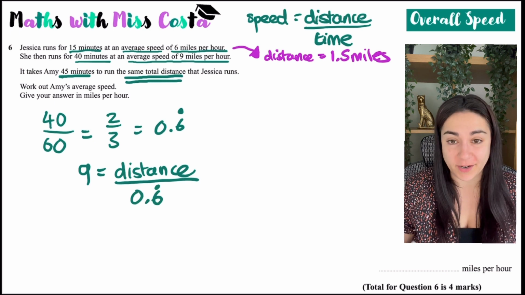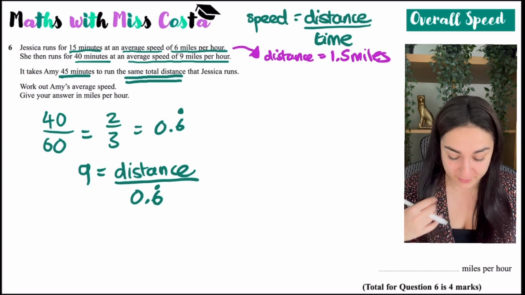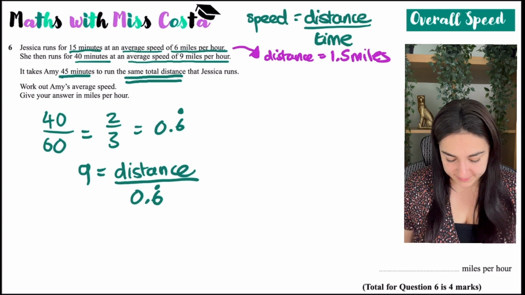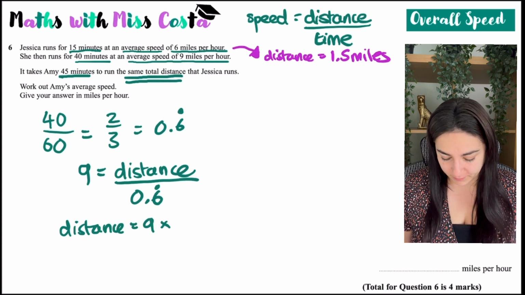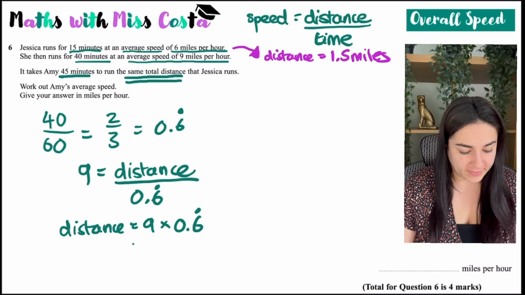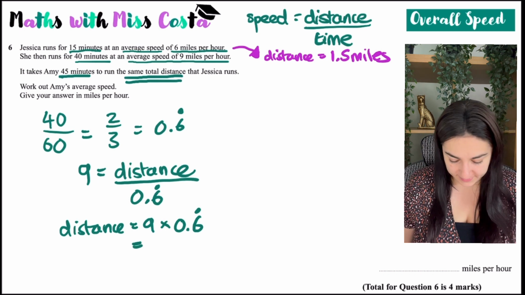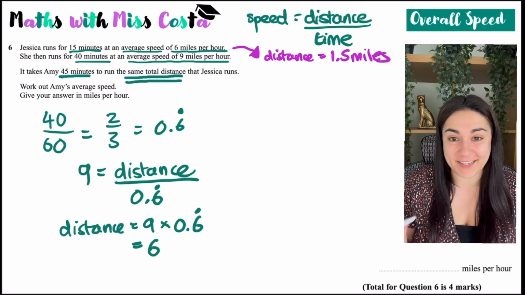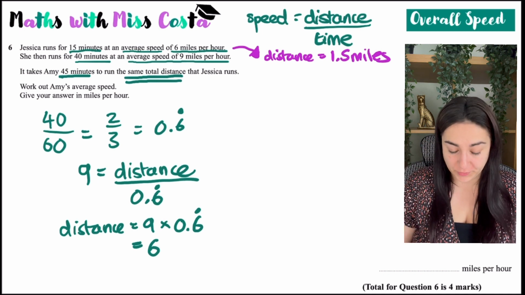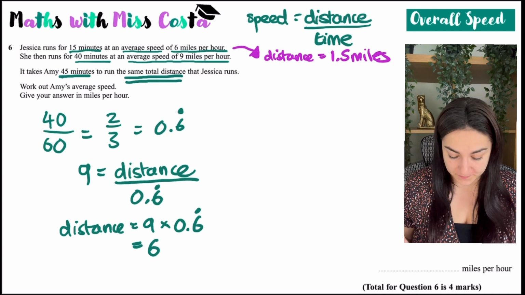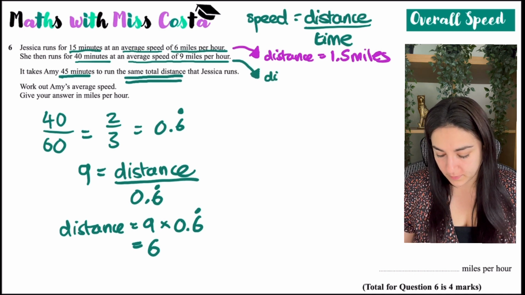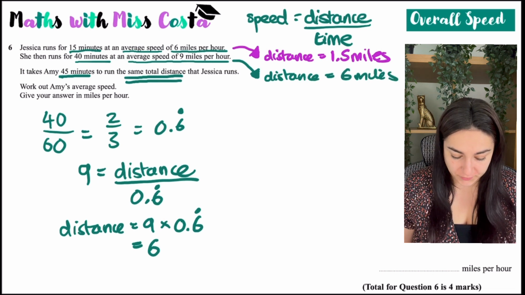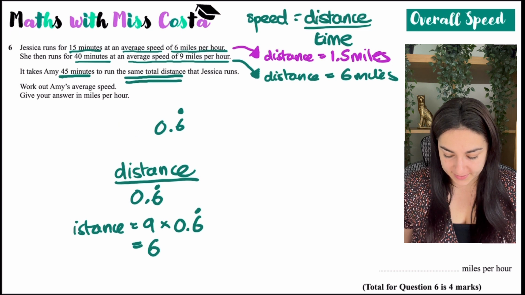If it says 0.6 recurring, you have to enter 0.6 recurring into your calculator. So to work out the distance, I would do 9 times by 0.6 recurring. So the distance is 6. If you didn't get 6, then you didn't type in the 0.6 recurring. You could also leave it as a fraction. So I know that the distance over here is 6 miles. And that means that in total, Jessica ran 6.